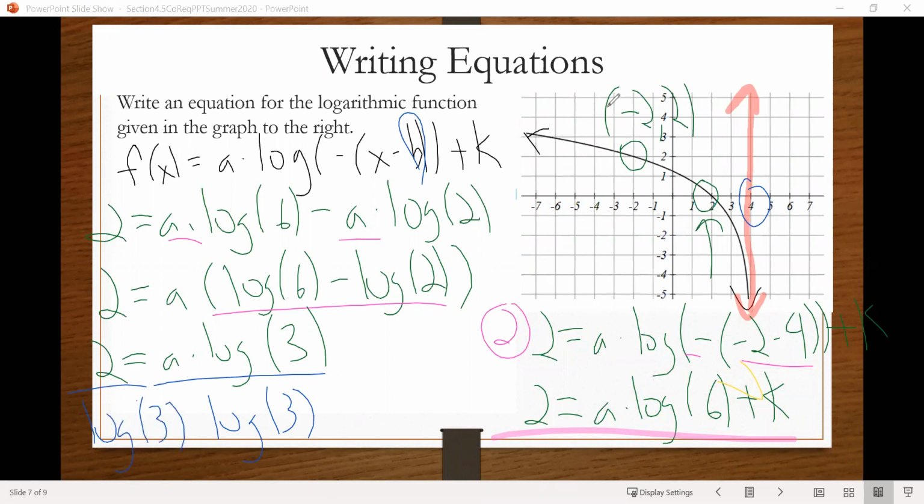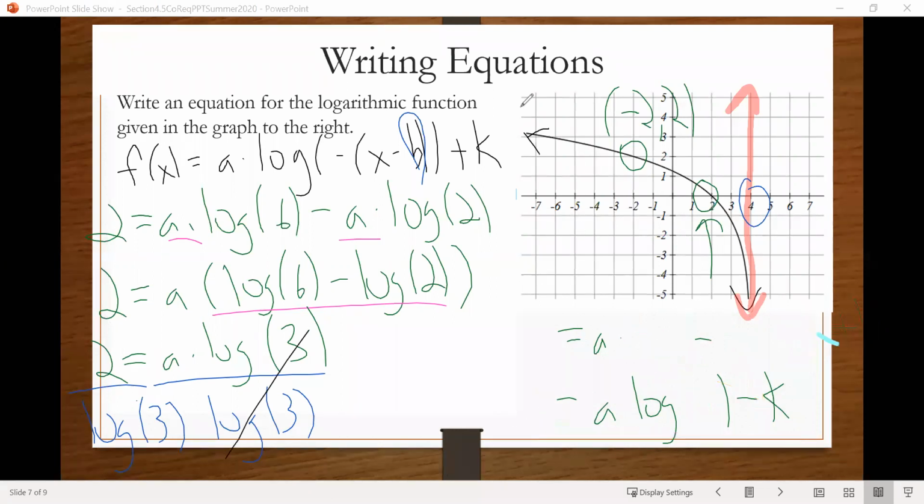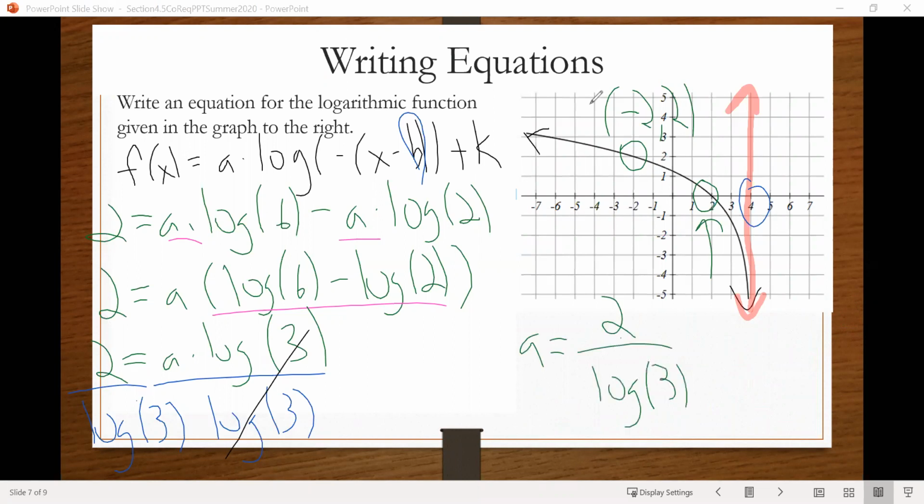Okay, and these will cancel. Then again, I need to erase some stuff here to make some room. So it looks like we get that a equals 2 divided by log of 3, which we could then plug in the calculator.